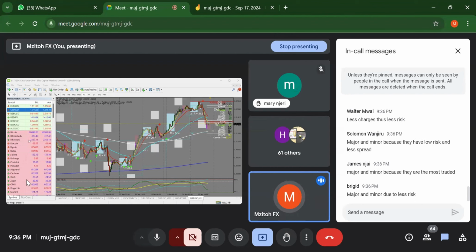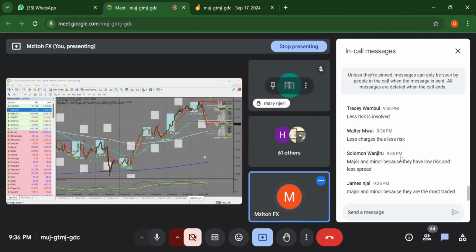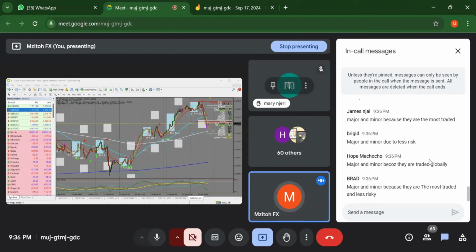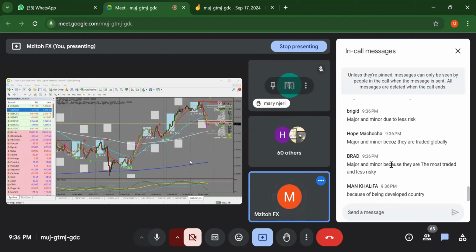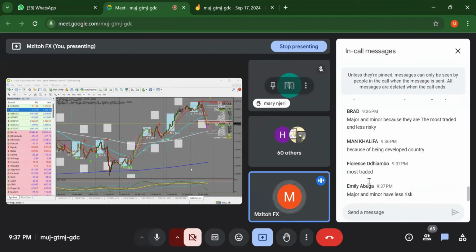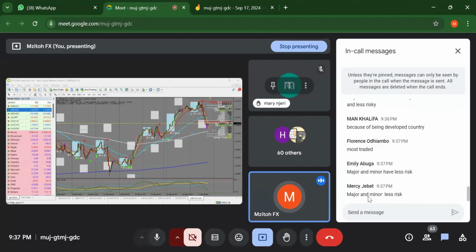Major and minor due to less risk. Major and minor because they are traded globally. Major and minor because they are most traded and less risky, correct. Because of being of developed countries. Most traded. Major and minor have less risk.